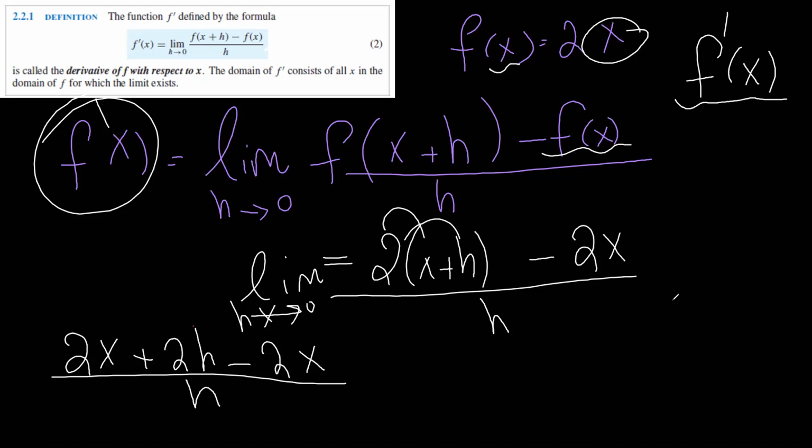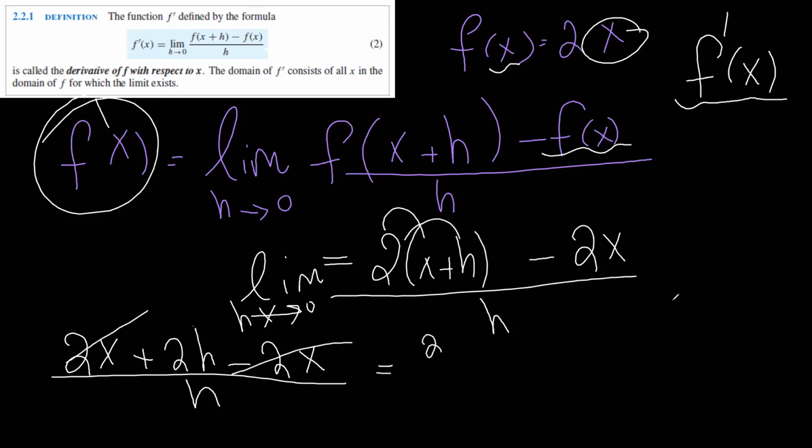I just evaluate x plus h instead of x. So you'll have 2 times x plus h minus 2x over h. Then after that, 2x minus 2x cancel each other.